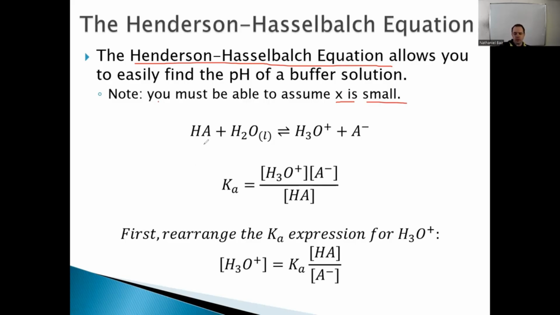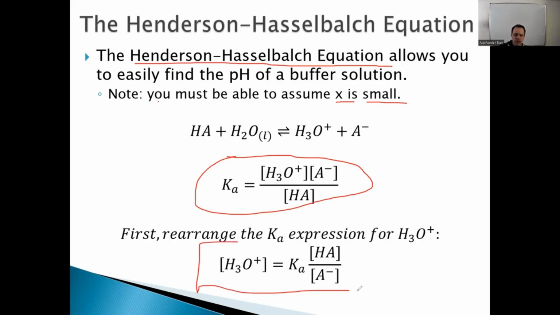Okay, if we write the mass action expression for a weak acid, and then rearrange it to get H3O plus equals, if we multiply both sides by HA and then divide by A minus, we can rearrange this equation to get H3O plus equals Ka times HA over A minus. And then we can take the negative log of both sides.